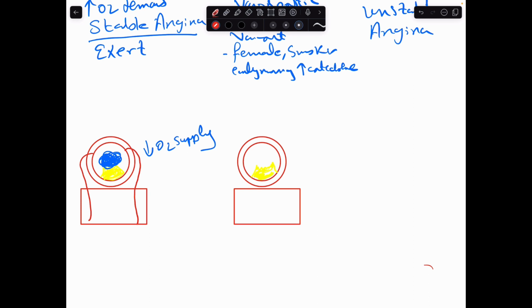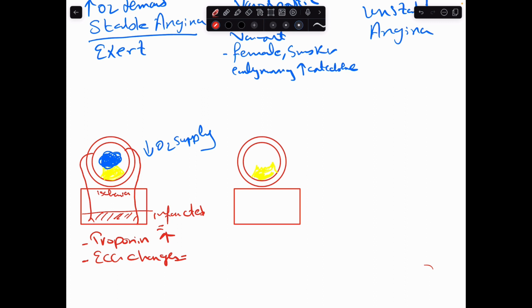So the top bits are going to be ischemic, not getting enough blood supply, but the bits at the bottom will not get any blood supply and they will be infarcted. Infarcted means dead. Once they are dead, they start releasing troponin, which is the enzyme in the heart. So this will basically have some ECG changes.